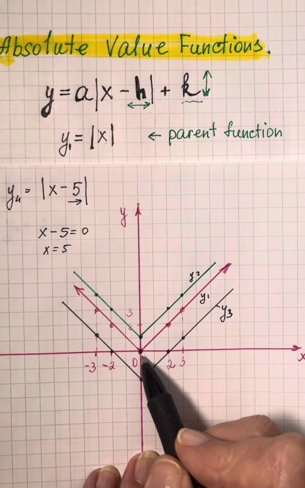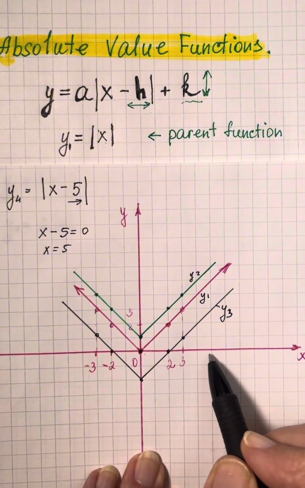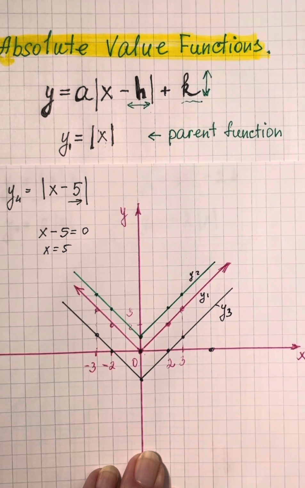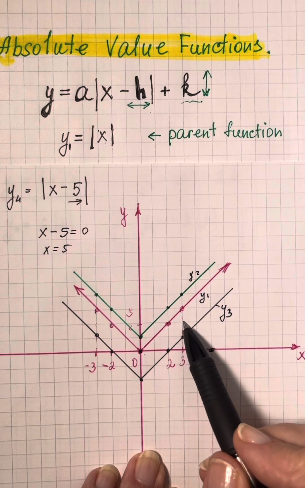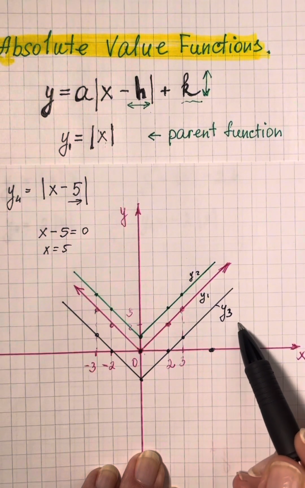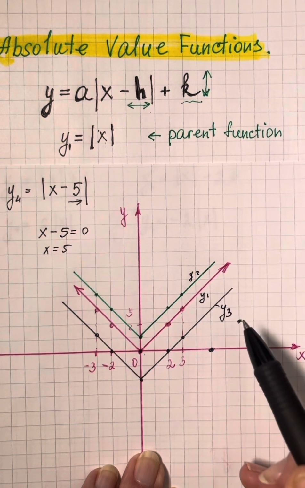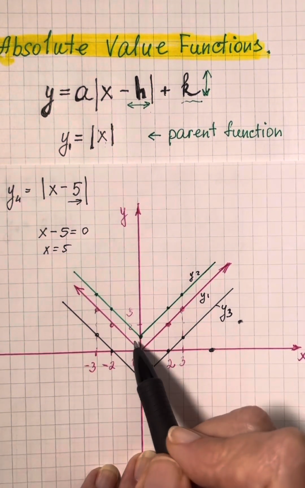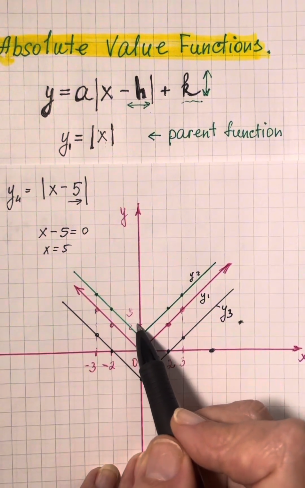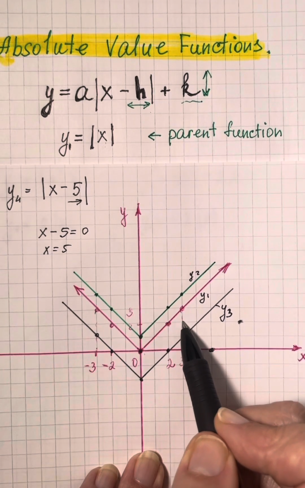So this point would be 1, 2, 3, 4, 5 here. Then this point, 1, 2, 3, 4, 5. And I take on the left side, 1, 2, 3, 4, 5.